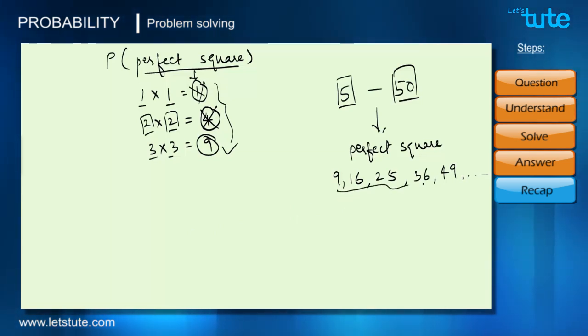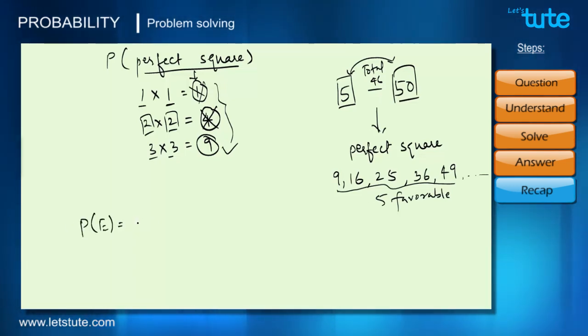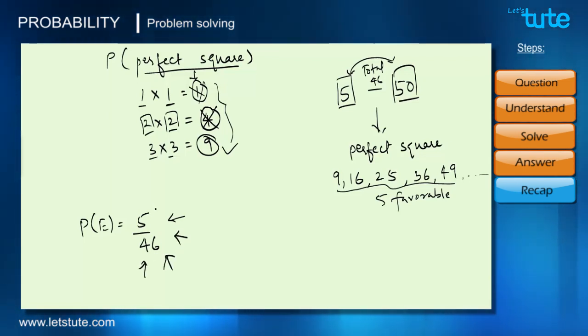So we have a total of 5 favorable outcomes for this particular event, and we know that there are a total of 46 cards with us. So if we apply the same in the formula, we get 5 upon 46. So there is a 5 in 46 chance of drawing a card which has a number which is a perfect square.